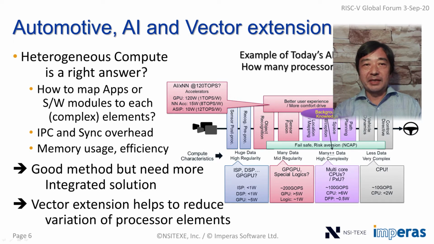To resolve these issues, I believe the ISA extension is useful to reduce the variation and the number of processor elements.